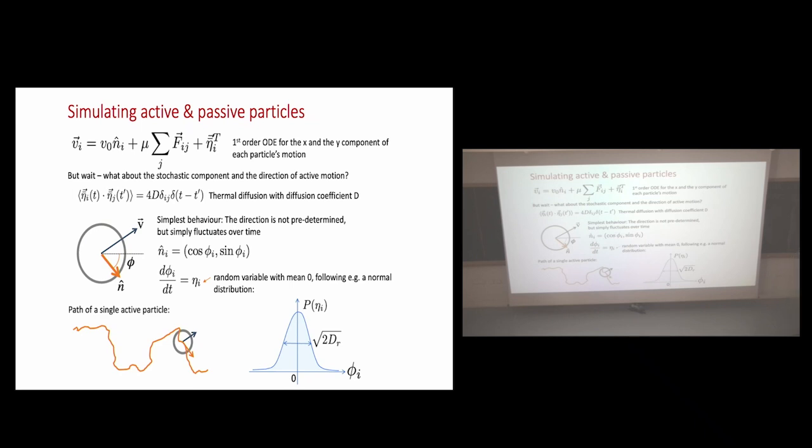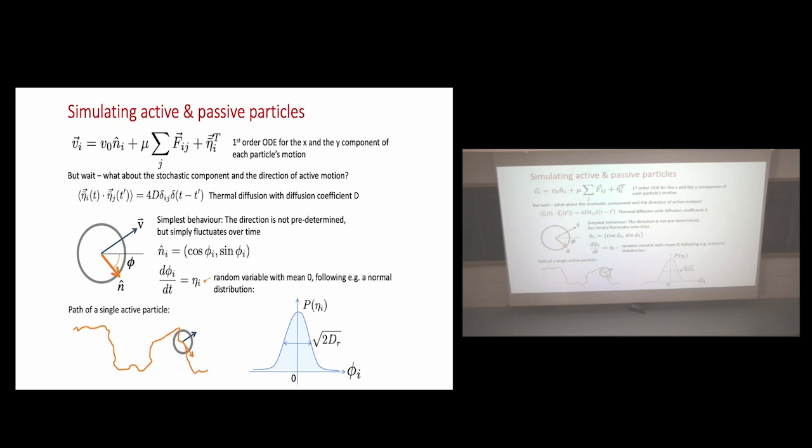In particular, we have two stochastic processes in here: the thermal fluctuations and the orientational fluctuations. We're going to assume that both of these are Gaussian. And so here, for the persistent random walk of the active Brownian particle, I've given you a distribution with mean 0 and width square root of 2dr. So if I want to simulate these, I need to take this into account.